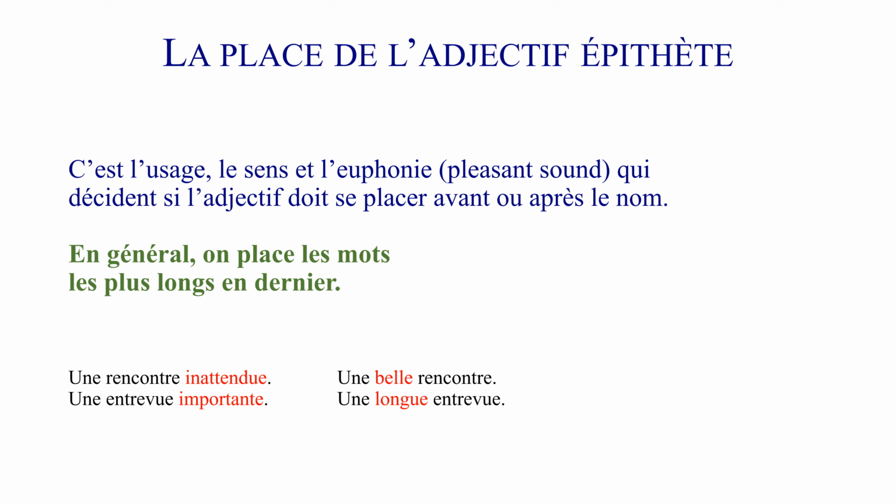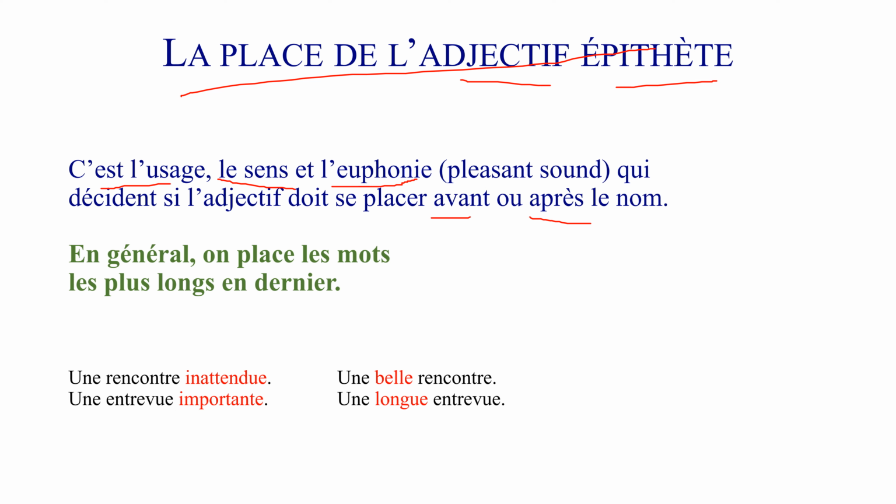Okay, la place de l'adjectif épithète. Adjectif épithète as opposed to attribute. Keep that in mind. Now, what determines where it is placed? C'est l'usage, le sens, et l'euphonie qui décident si l'adjectif doit se placer avant ou après le nom, if the adjective should be put before or after the noun.